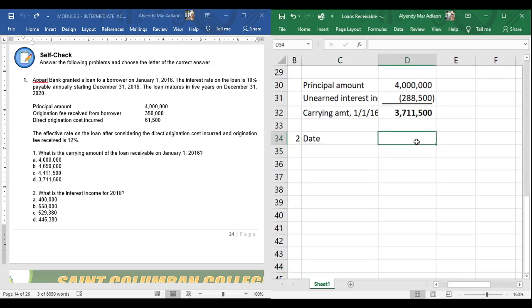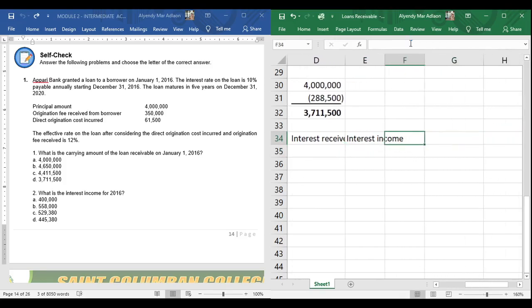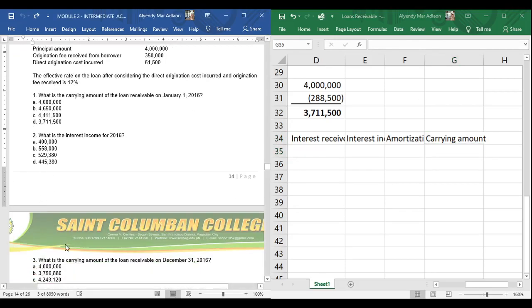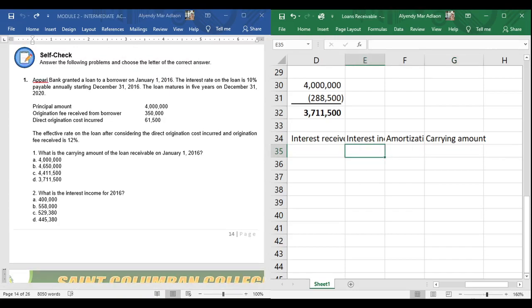So, aside from the date class, natay interest received. Okay, interest received. And, natay interest income. Okay? And then, makompute na dayon na to ang amortization. And then, diri na dayon ang carrying amount. So, meaning, for this item, makuha na nato ang number 2 and number 3.